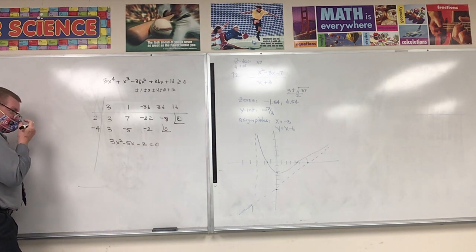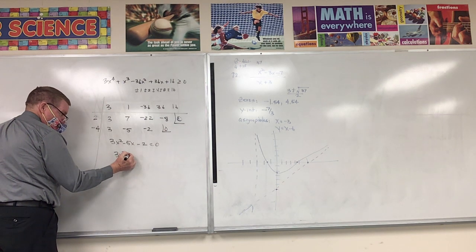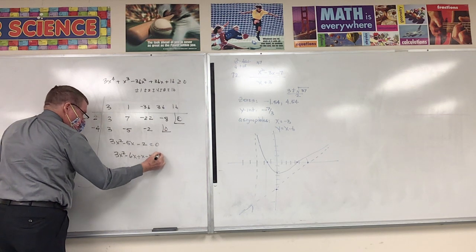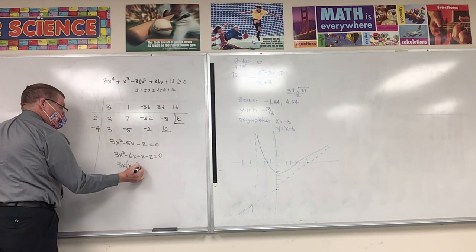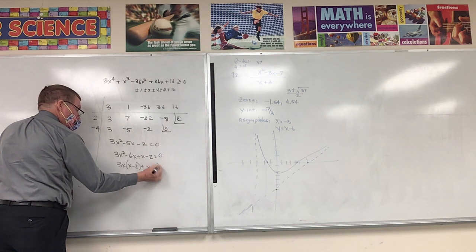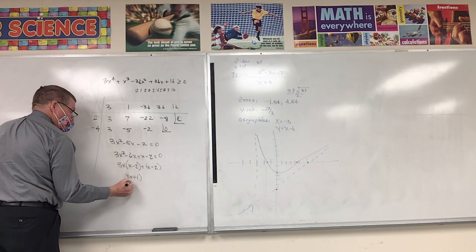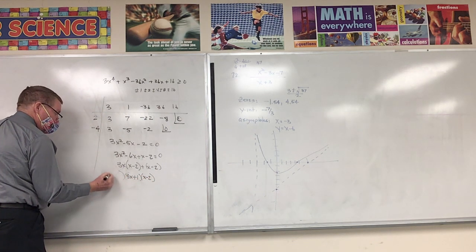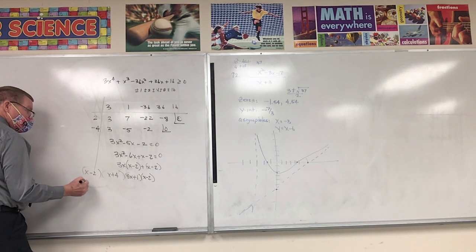Factor to 6, that was subtracted equal 5. I got the 3x. So I get 3x plus 1 times x minus 2 times x plus 4 times x minus 2.